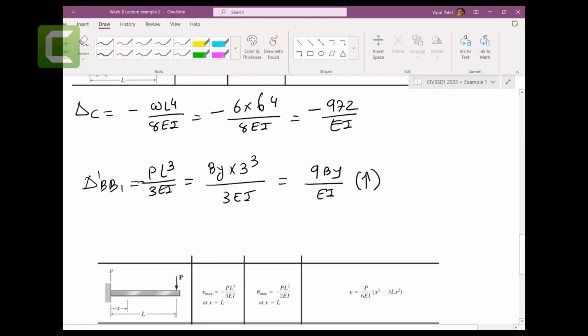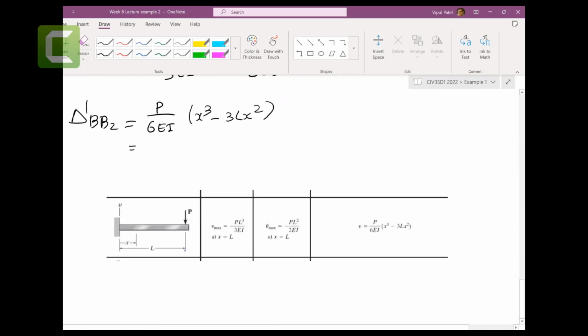So P is CY over 6EI, 3 cubed minus 3 times 6 times 3 squared. So 3 cubed minus 3 times 6 times 9, you get 135 over 6, 22.5, and that is positive, I believe. 22.5 over EI.